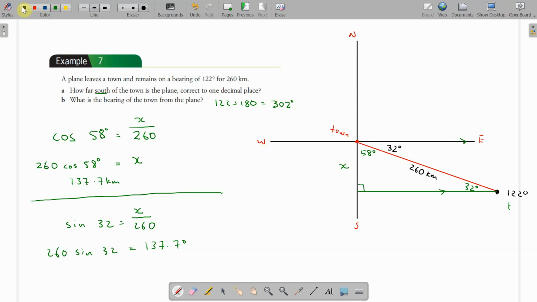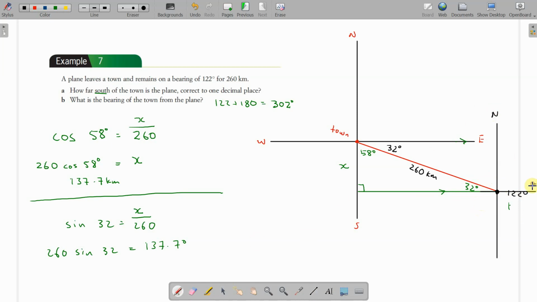The other way to do it is to think of it as if we move the compass down to here. So that's north, south, east, west. We've already got the angle there, which is handy.